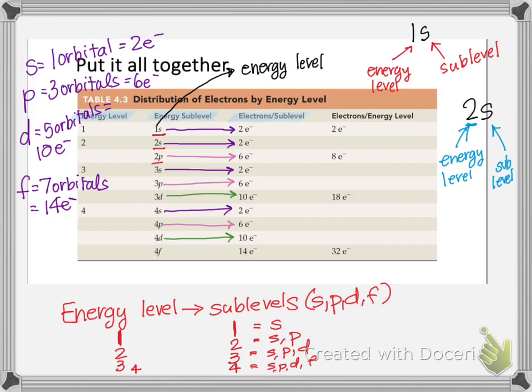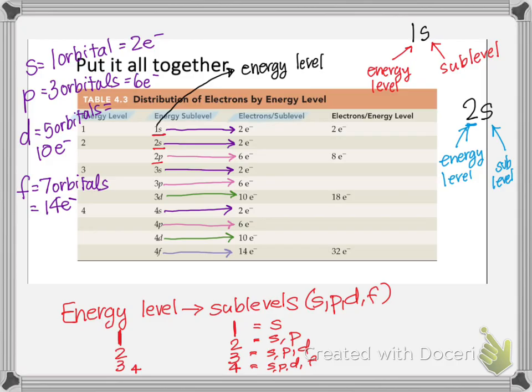And then we have our F, which has 14. And if you went to level 5, which there is, a level 5 has S, P, D, F. They would say 5S, 5P, 5D, 5F, but it would look like the 4th level, with 2, 6, 10, and 14. But for the elements that we have, we only need 4 sublevels.